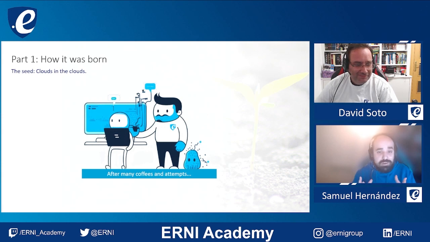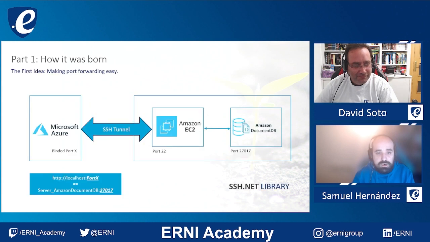And finally, we found that there was a solution to connect to this Amazon database. We read about the possibility of creating an SSH tunnel between our host, or the web application host that was in Azure, and one Amazon Elastic container, which basically is a virtual machine that is inside the Amazon network.